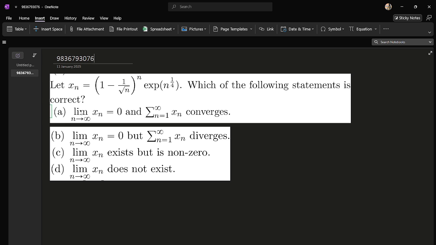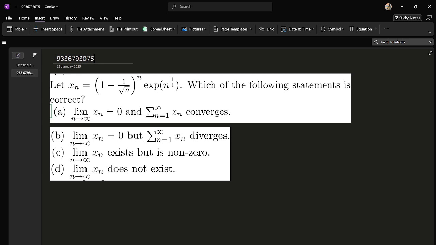Option B: the limit of xn is 0, but the summation of xn diverges. Option C: the limit of xn exists but is non-zero. Option D: the limit of xn does not exist.